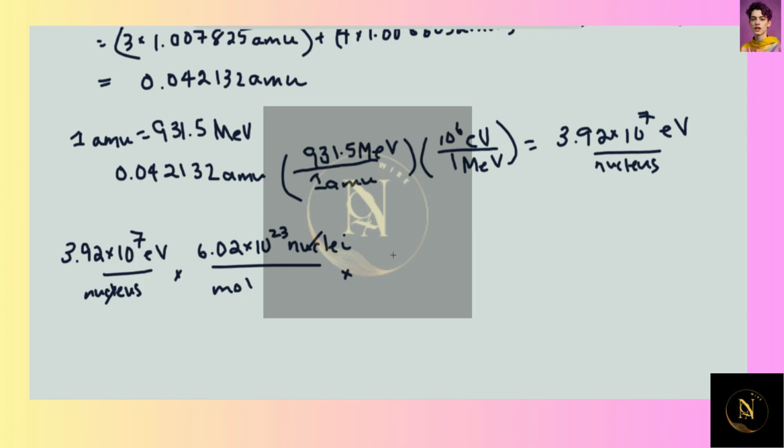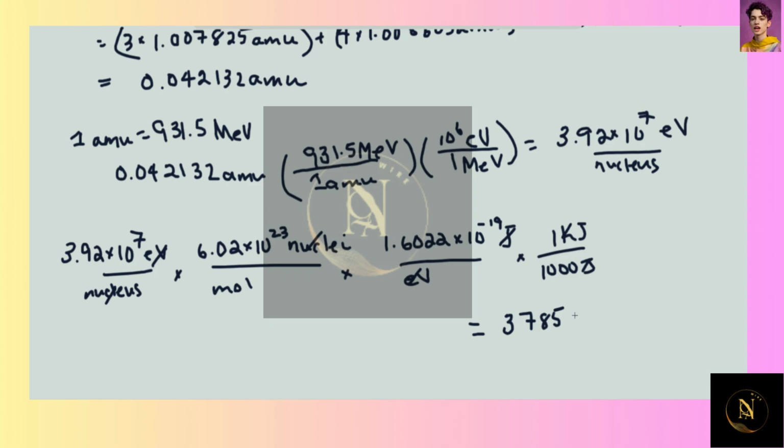And then a relationship that we can use is that there's 1.6022 times 10 to the minus 19 joules for every electron volt. And then finally, there are 1,000 joules for every kilojoule. So by multiplying the top numbers and dividing by 1,000, this gives us our final energy, 3,785 kilojoules per mole.